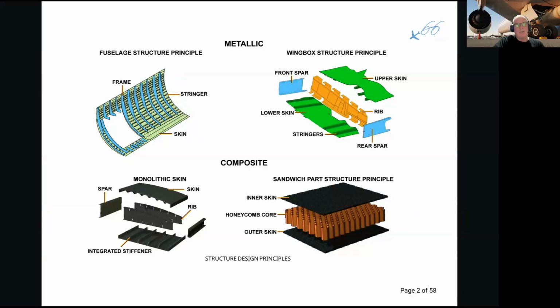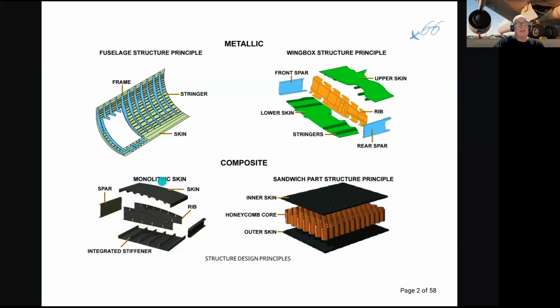It's usually aluminium or aluminium alloy, or what Americans call duralumin. All right, for the boxes, skins stiffened with stiffeners are attached to spars and ribs. And composite parts could be of two types.